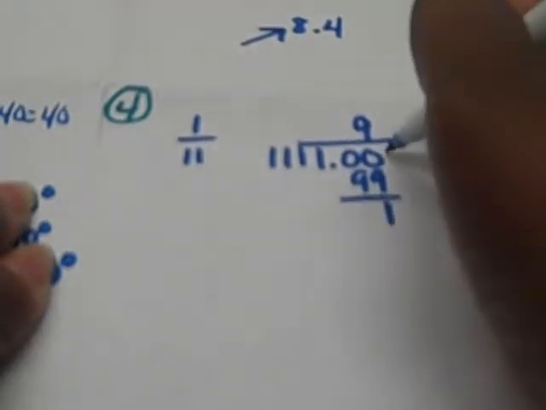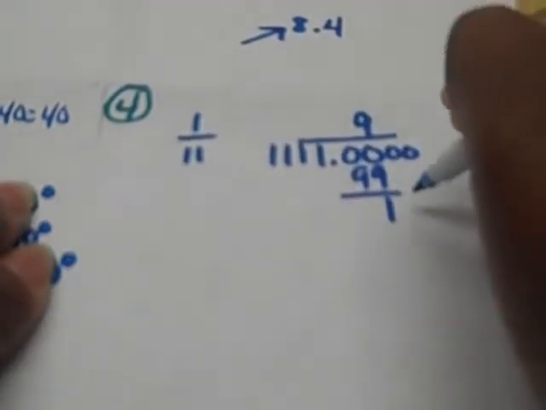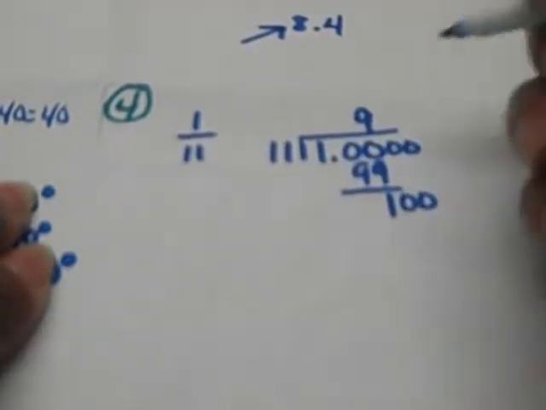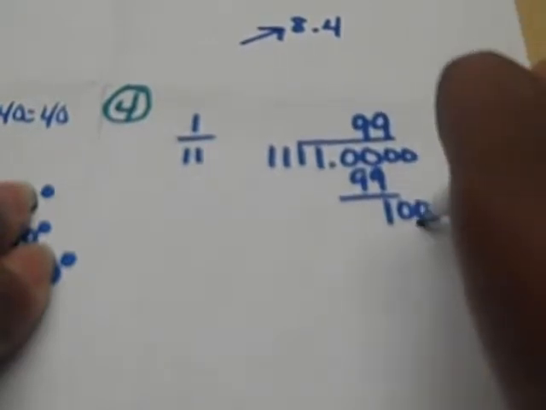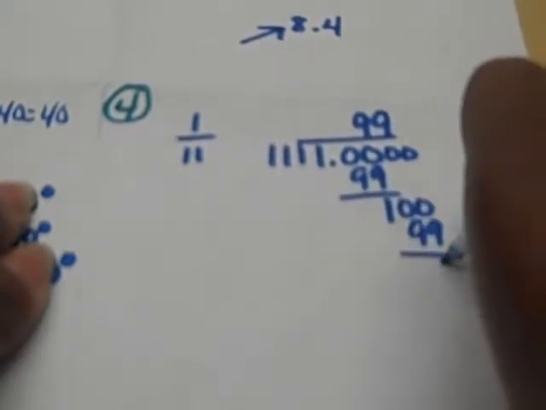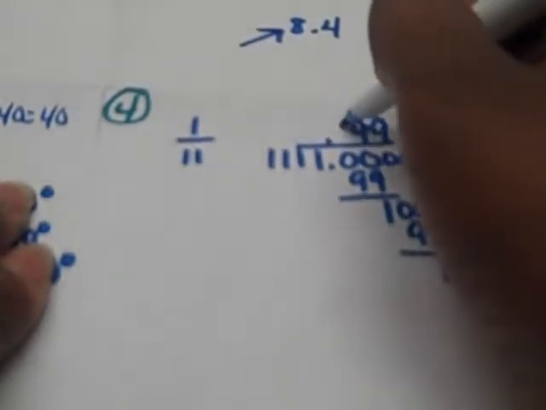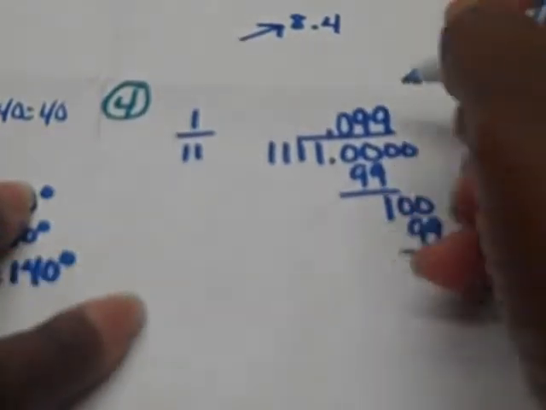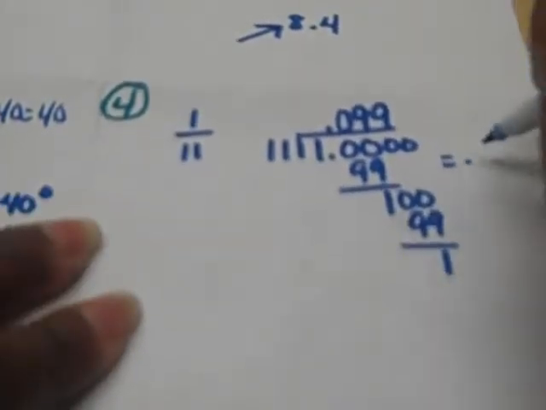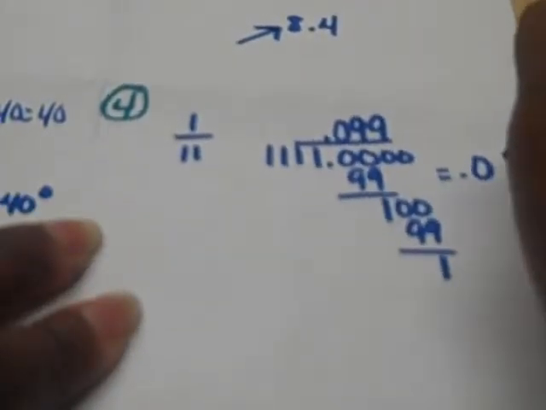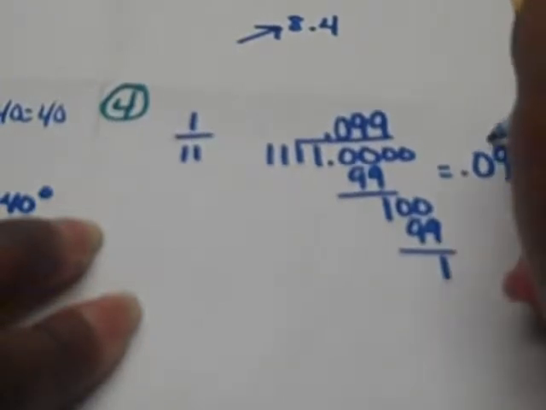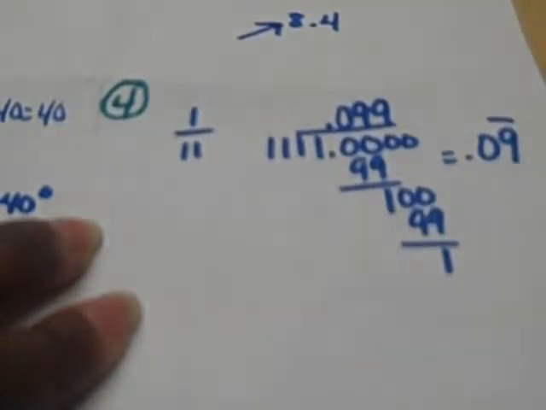Here comes a 1. Okay, we need more zeros. Dividing 2 digits. Okay, there's another 9, 99. Oh, I see a pattern. This is going to repeat. So we'll bring our decimal up there, and there should have been a 0 holding that place. So our answer is 0.09 repeating.